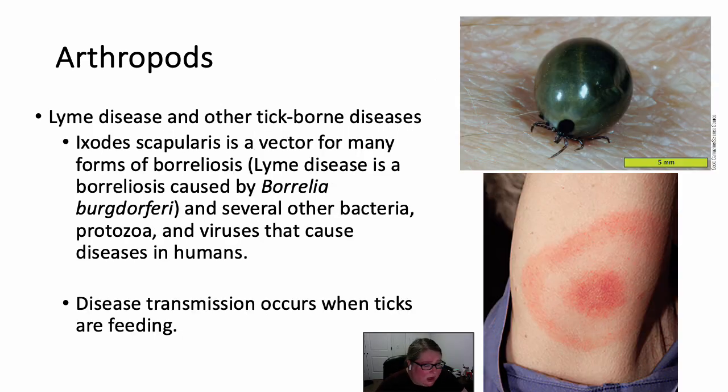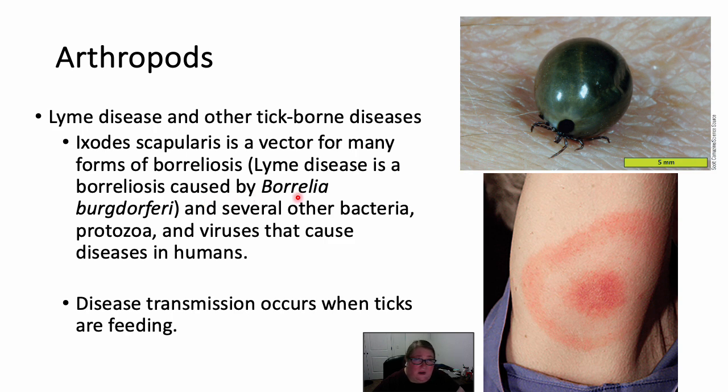One of our most common arthropod insect vectors are ticks. We have a tick here in this picture that has recently taken a blood meal. It is bloated on blood. It's kind of gross. Ticks are the main vector for Lyme disease. They're going to transfer different Borrelia pathogens. Borrelia burgdorferi is the pathogen that causes Lyme disease.